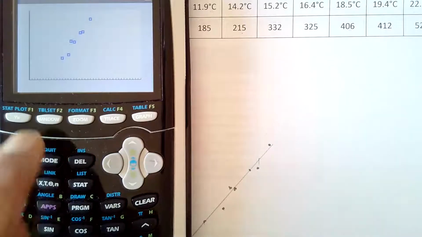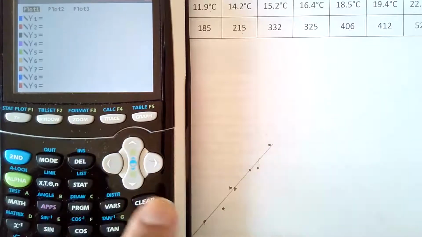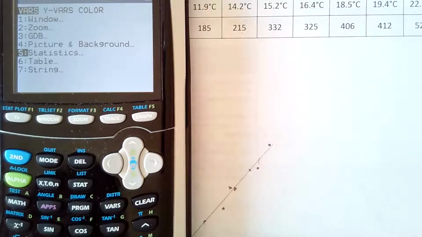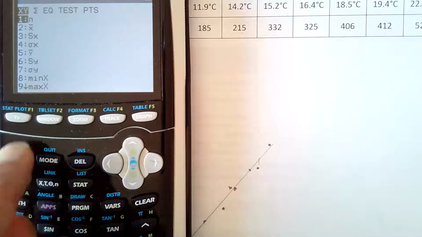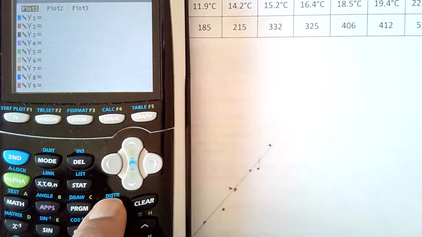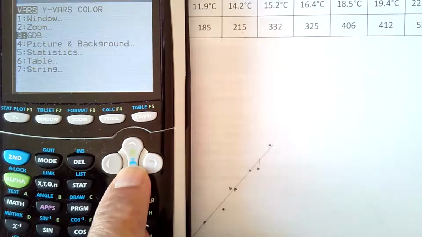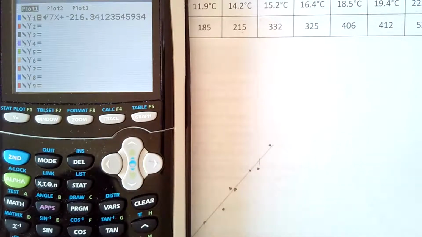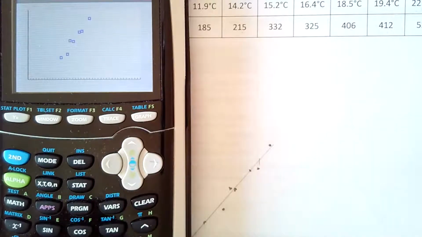Oh no, I did not press my Y equal button first. Okay, the mistake I made was that I didn't press my Y equal button first, so I need to do that first. And press your Vars, statistics, EQ, and there's your graph.